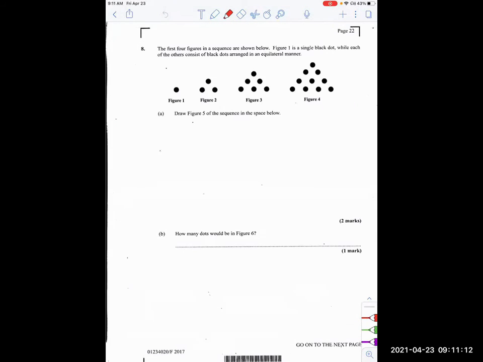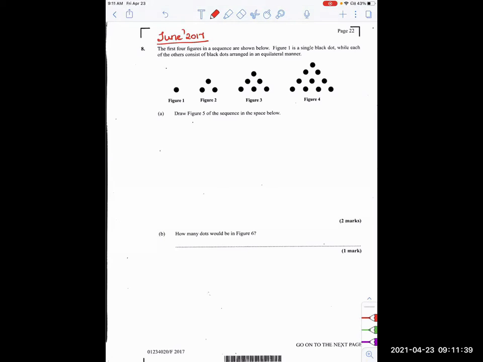All right, so here we have some dots. This is June 2017. The first four figures in a sequence are shown below. Figure 1 is a single black dot, while each of the others consists of black dots arranged in an equilateral manner.